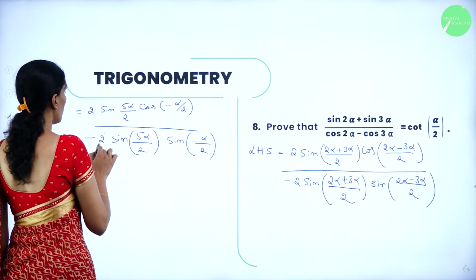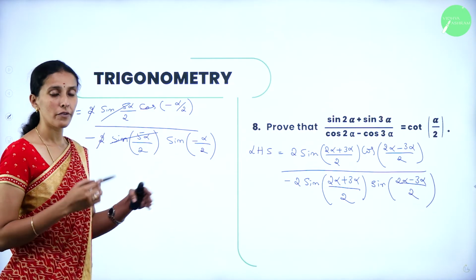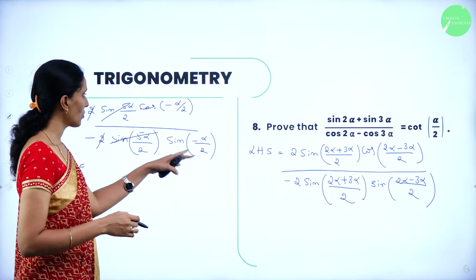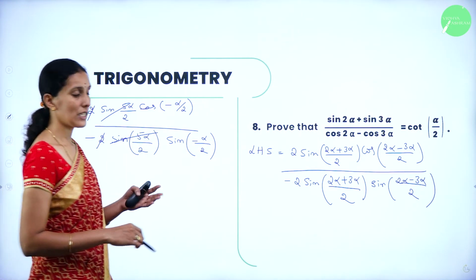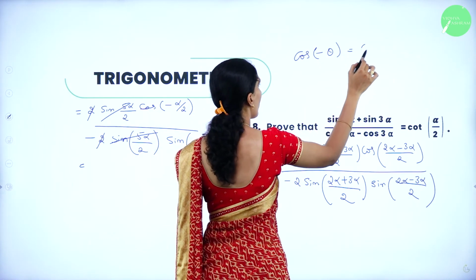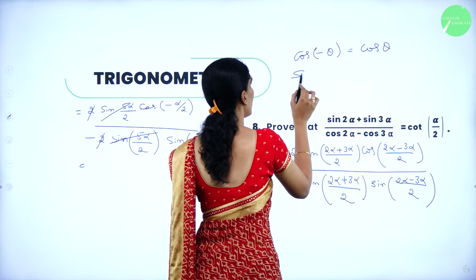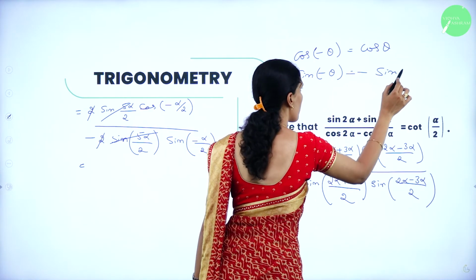So 2 and 2 get cancelled, sin 5 alpha by 2, sin 5 alpha by 2 cancel. Minus of sin theta is sin of minus theta. So if you take minus outside, it is minus, and cos of minus theta is cos theta. So whenever you have cos of minus theta, you can write it as cos theta, but when it is sin of minus theta, it is minus sin theta.